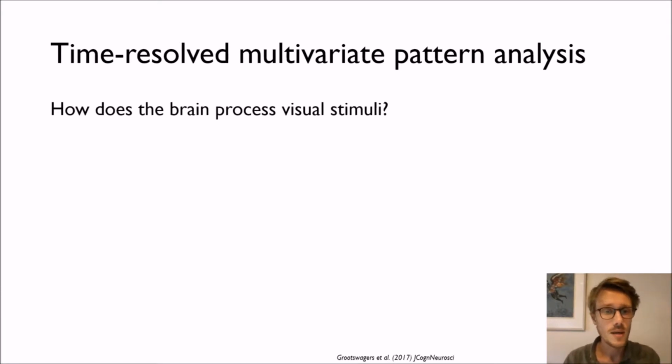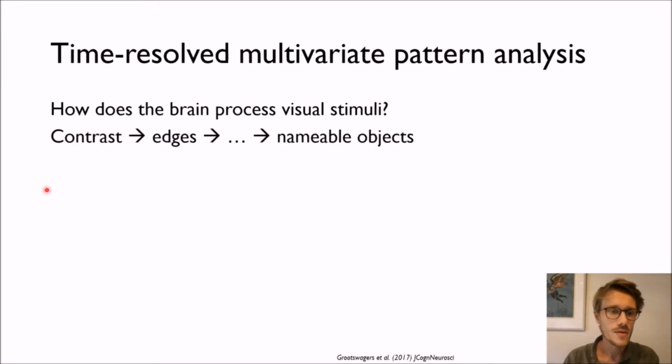visual stimuli? And because we think that there are multiple steps in processing a visual stimulus, for example, we start with different contrasts on the retina, and in cortical areas then we can detect edges, and then there are several other steps all the way up to a point where we can, as humans, name specific objects, like a chair or a couch, all these things.